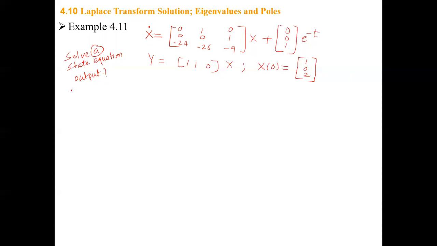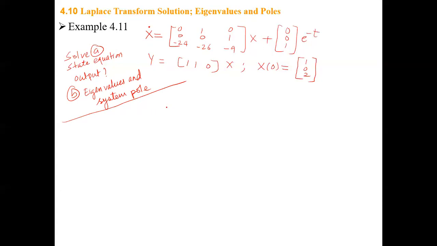And part B is find the eigenvalues and the system poles. Let's figure out these two things.